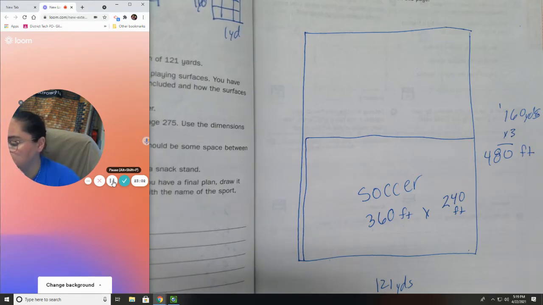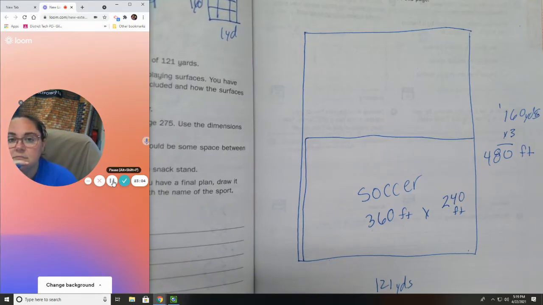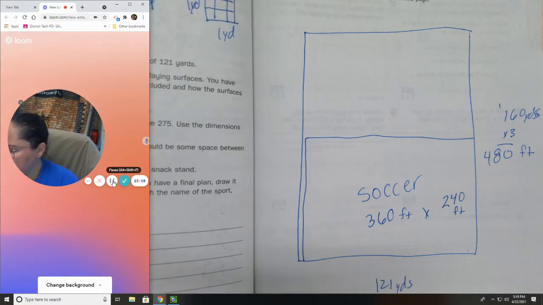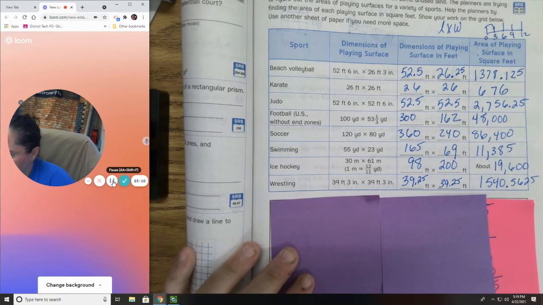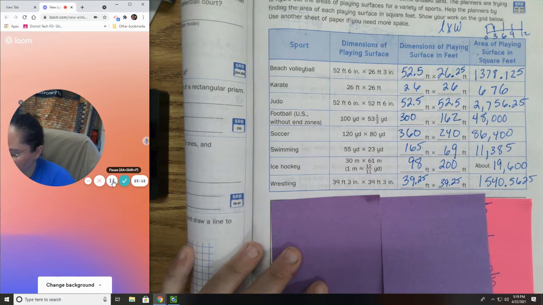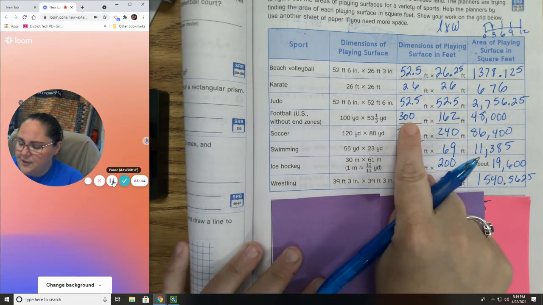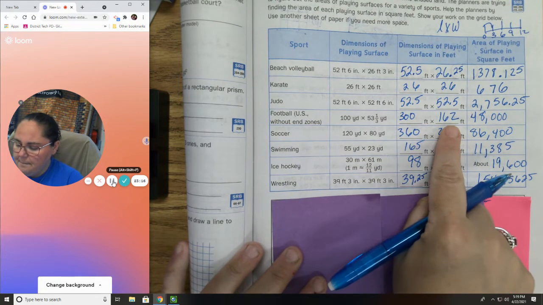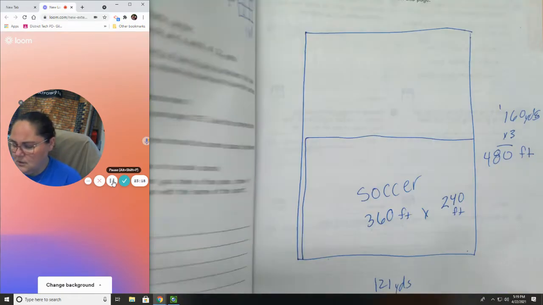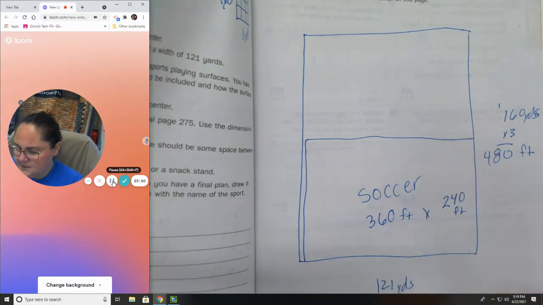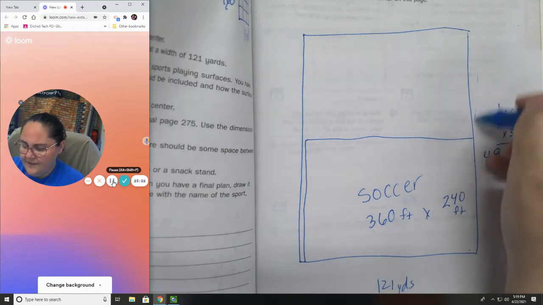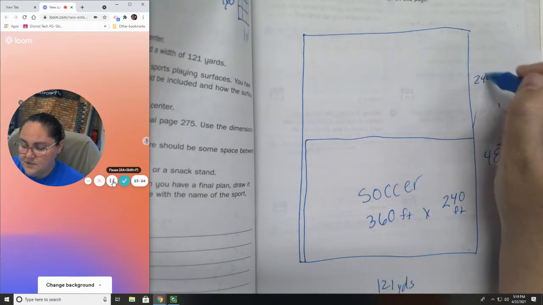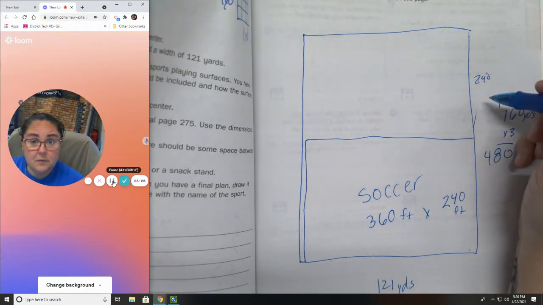What other sports could we have? Let's see. And it's all up to me. I think that I kind of like the idea of having football. And I know football is about 300 by 162. Okay, do I have 300 across? Yes. And what I have left is still 240. So I have enough for a football field.